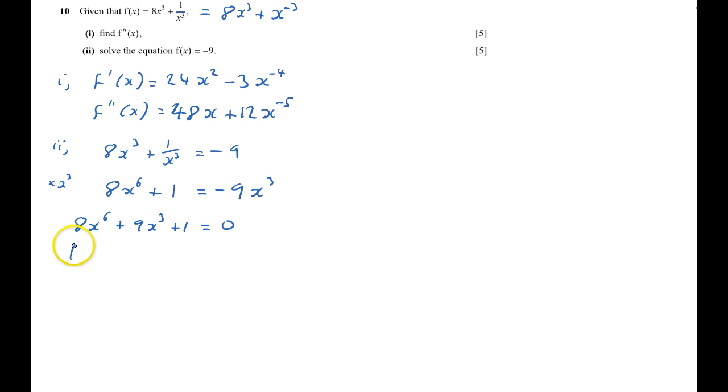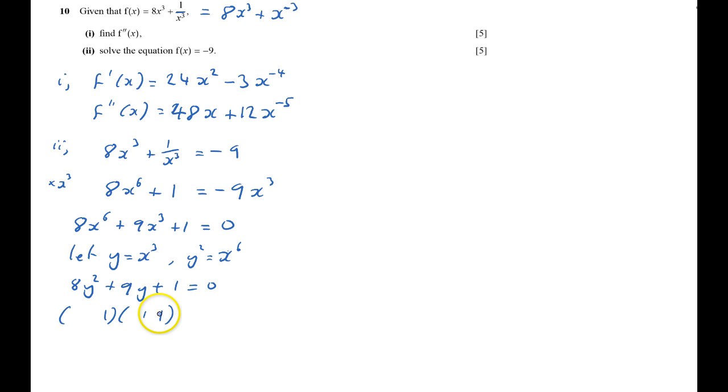And I think most people do the let y equals x cubed, and that means that y squared equals x to the power of 6. Most people do it this way, so I'll do it this way, and then I'll show you the quicker way afterwards. And so this gives me 8y squared plus 9y plus 1 equals 0. I'm hoping it's going to factorize. It's got to get 1 at the end, so it's got to be 1 and 1.